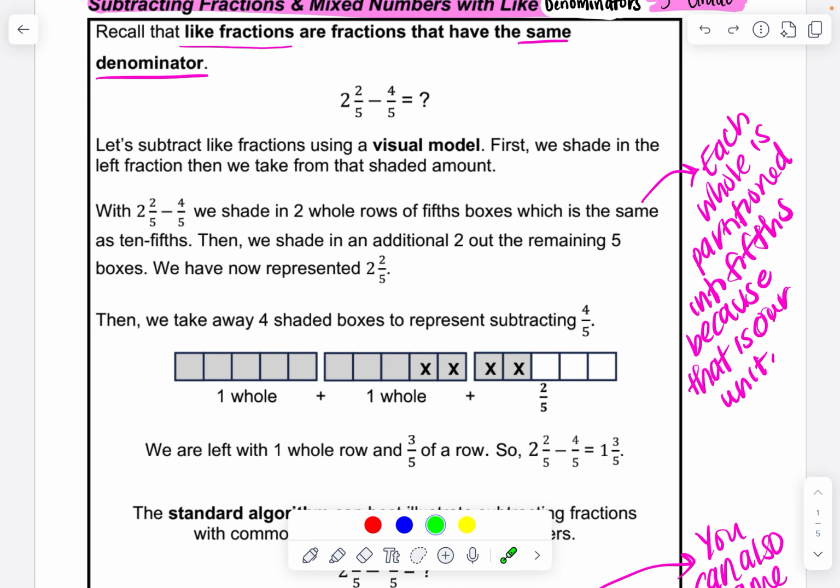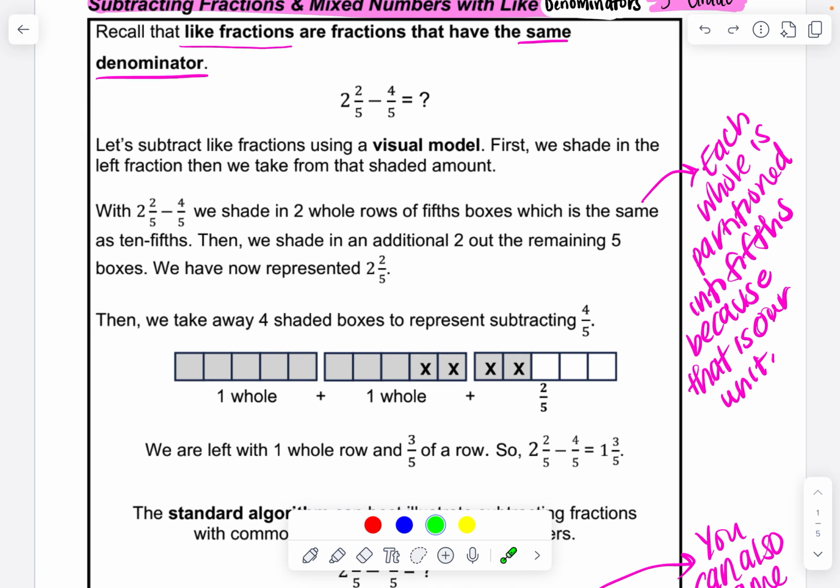When we are modeling this, we have 2 wholes and 2 fifths. Kids might be able to visualize what 2 fifths looks like. This part might not be hard for them. However, 2 wholes being modeled like this might be quite a challenge.